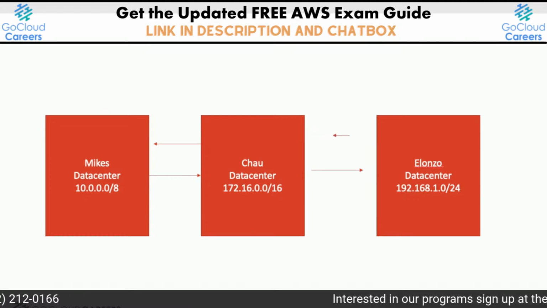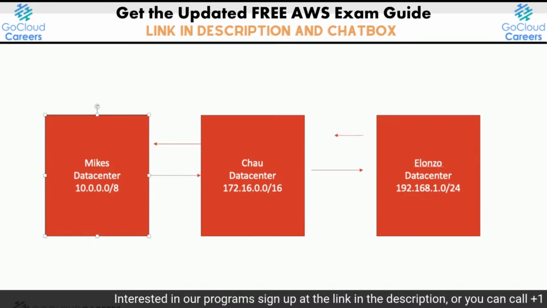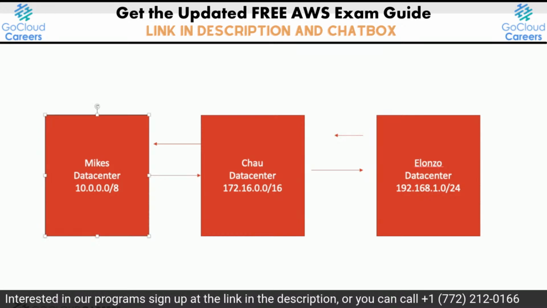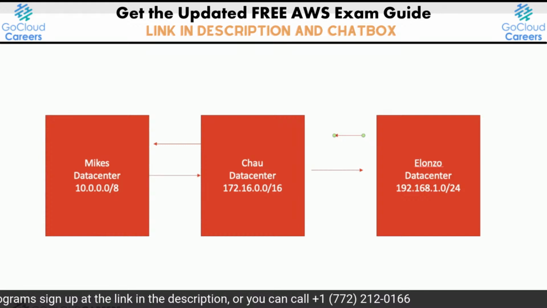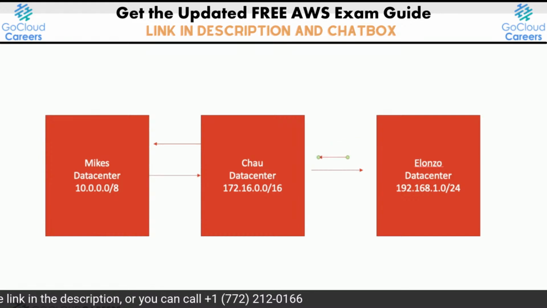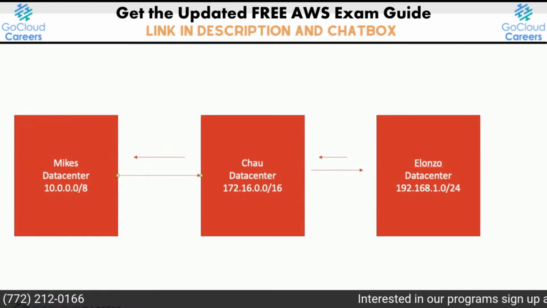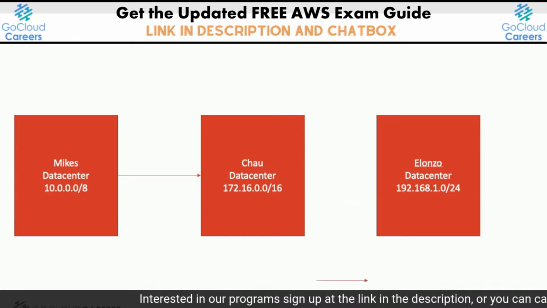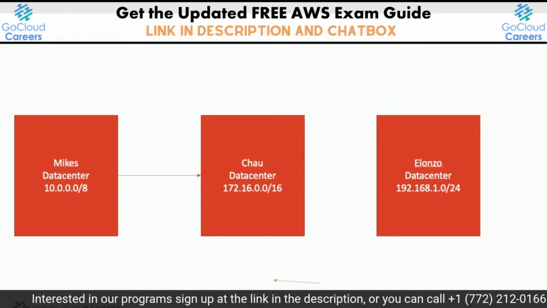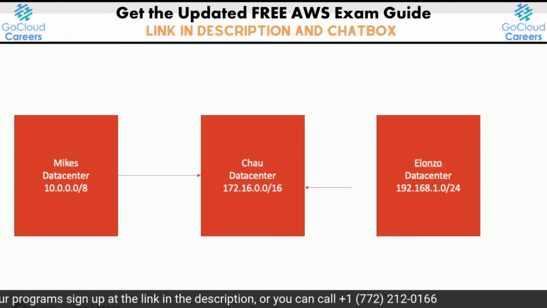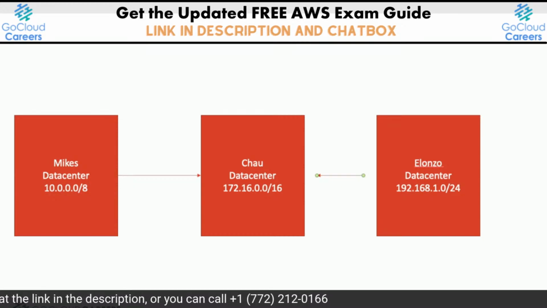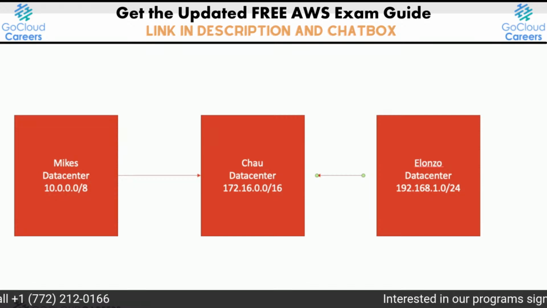But here's the problem. What if Chow doesn't want to be the entire destination for the entire internet to connect me through Alonzo? To make this simple, we tell Chow our routes, and Chow doesn't tell anybody else our routes. If I tell Chow my routes, and Chow tells me his routes, I can reach Chow.